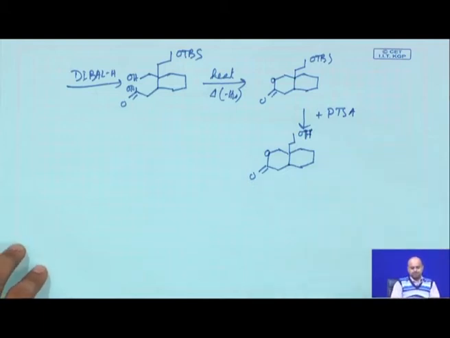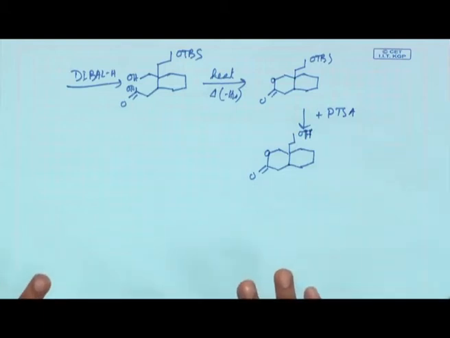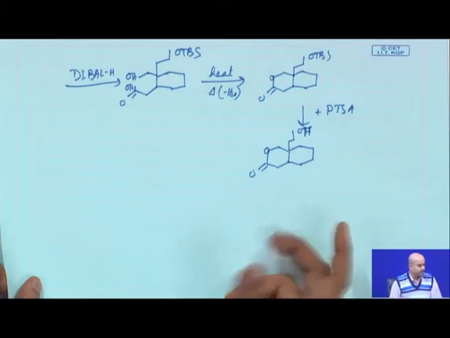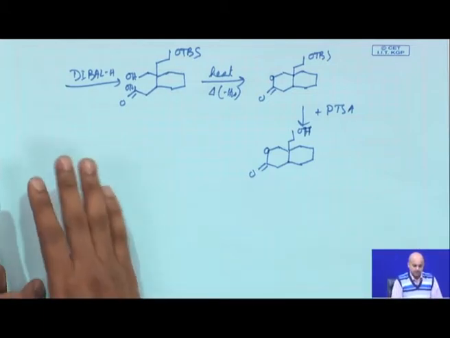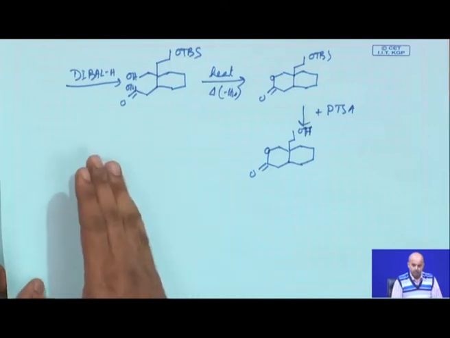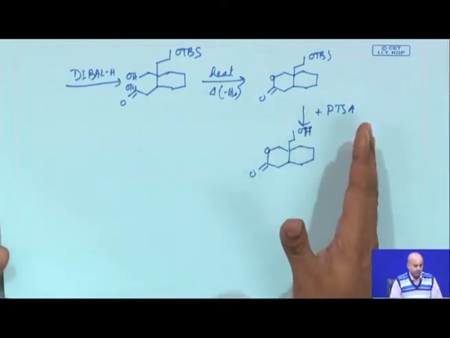So, the main take-home message is that you employ a couple of functional group interconversions, and then you couple that with the strategic use of a protecting group, and then simple functional group interconversion to correlate the target molecule with the starting material, and then you can finally conclude your synthesis.